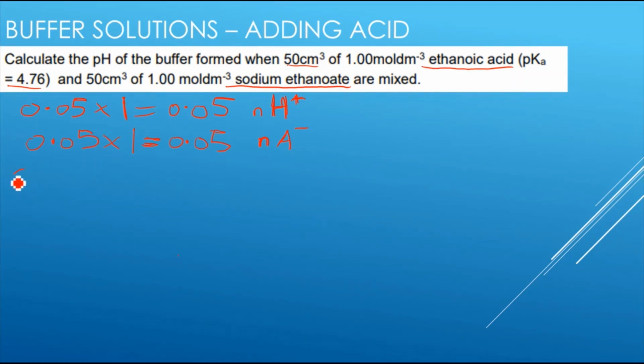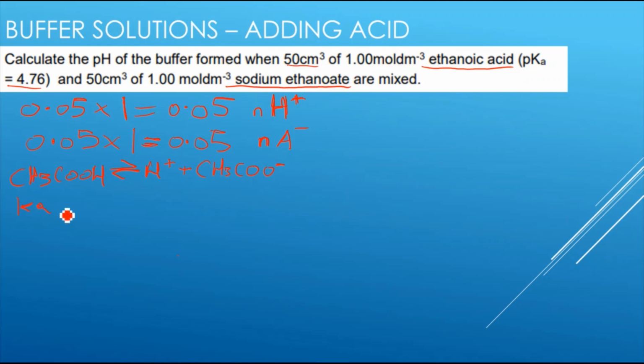Now I'm just going to write the dissociation equation down to help visualize things, and you don't really have to do that in an exam question. But the ethanoic acid would just dissociate into H+ and the ethanoate ion, so CH3COO minus, and we can get the Ka from there.